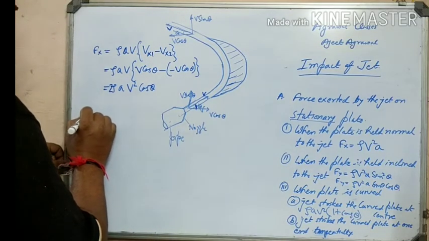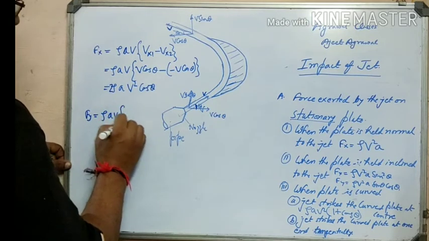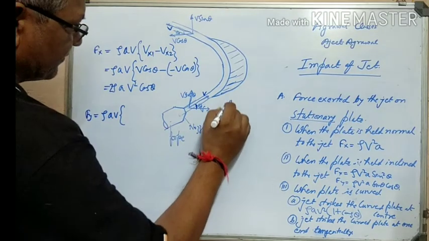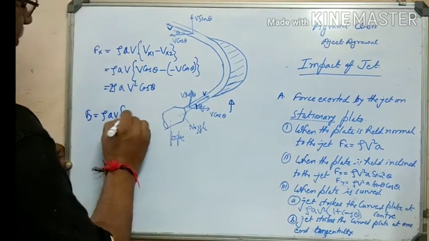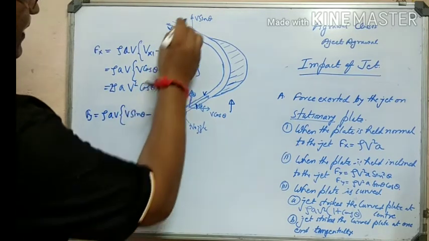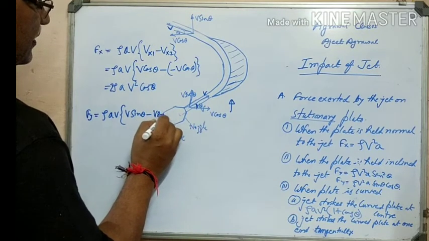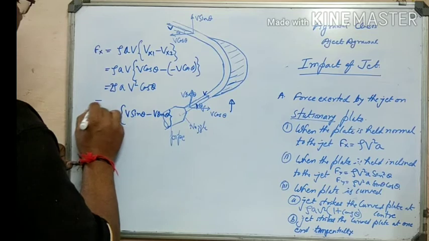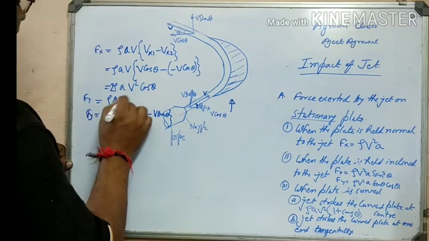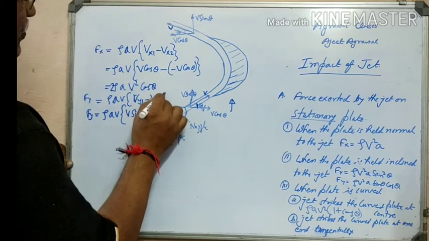Similarly, the force exerted in the y direction is given as mass flow rate into change in velocity in the y direction. Considering the upward y direction as positive, Fy equals rho a v (Vy1 minus Vy2).